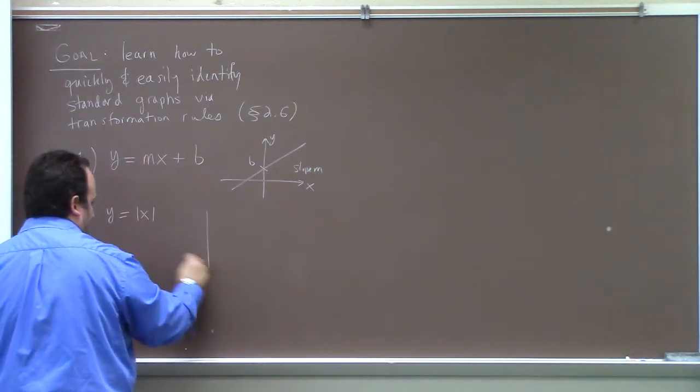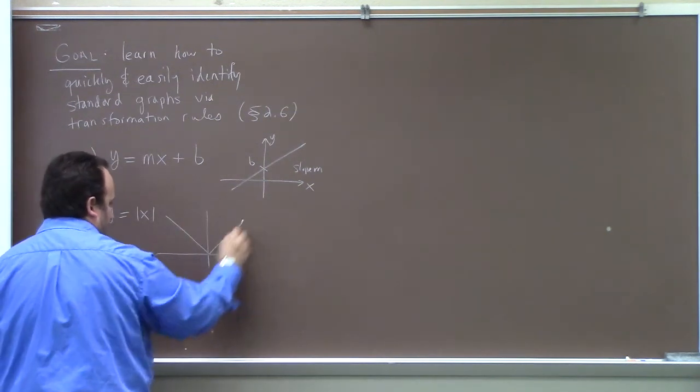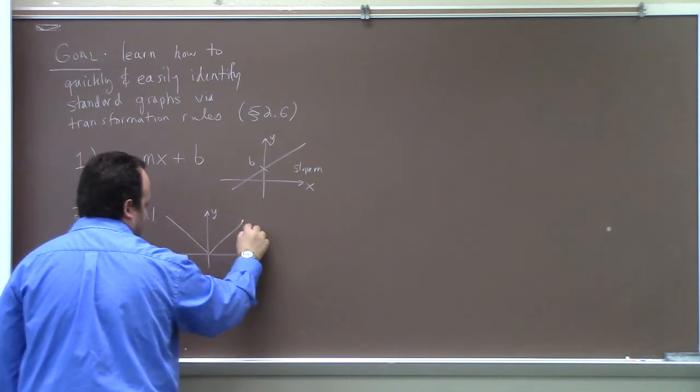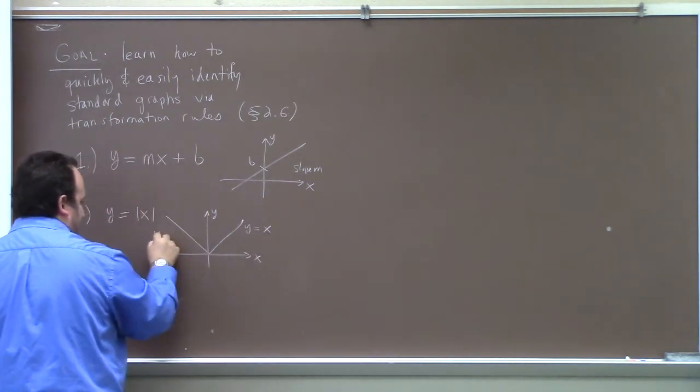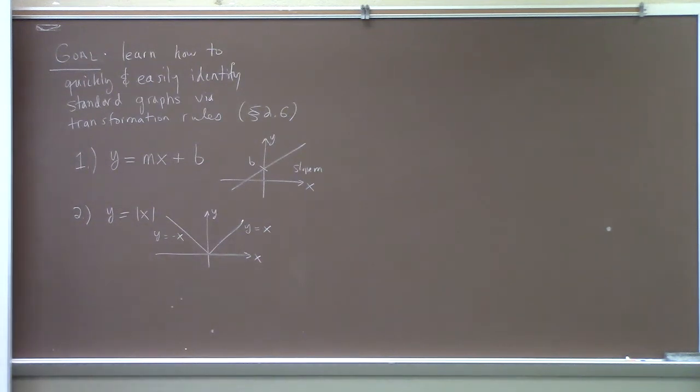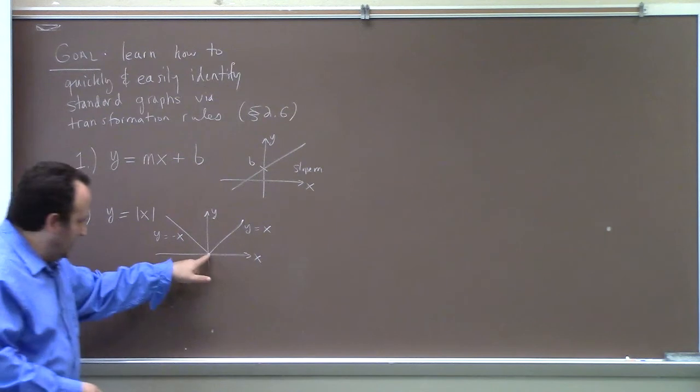What's that look like? It's y equals x over here, and y equals minus x over there. Those two join together at the origin to give you that corner, which is, by the way, an example of a local minimum. See that? Local minimum.